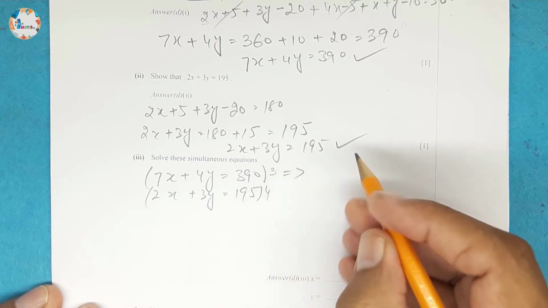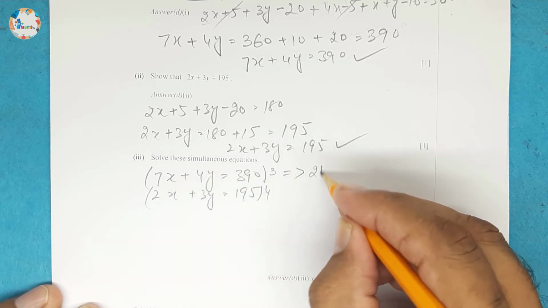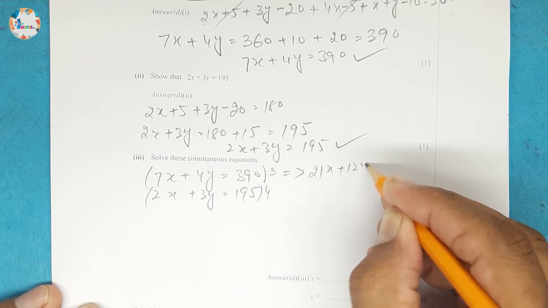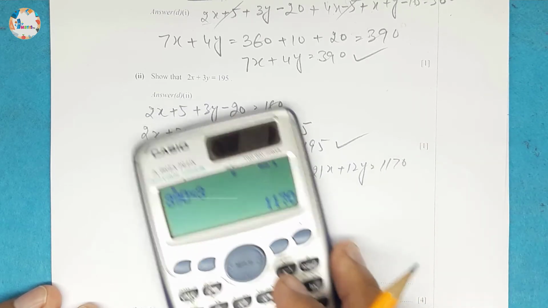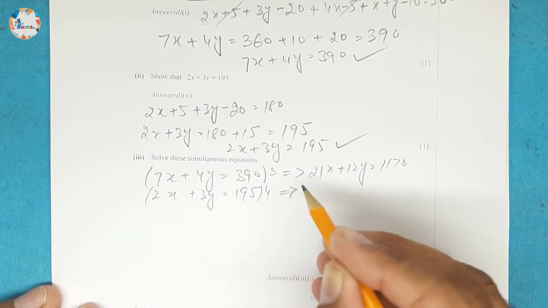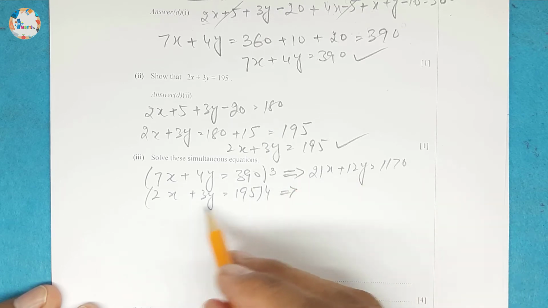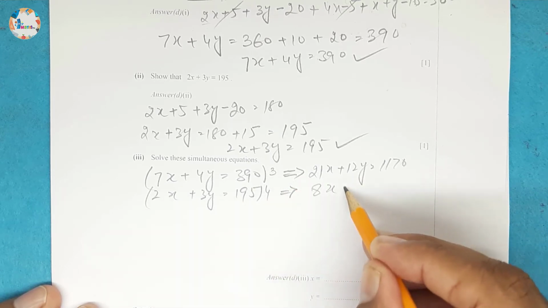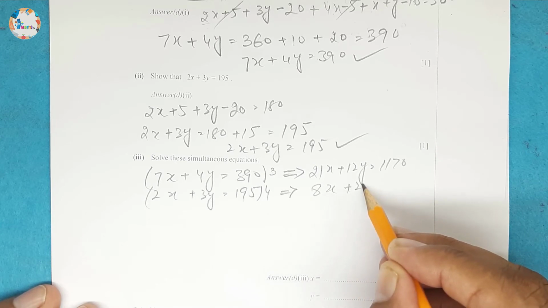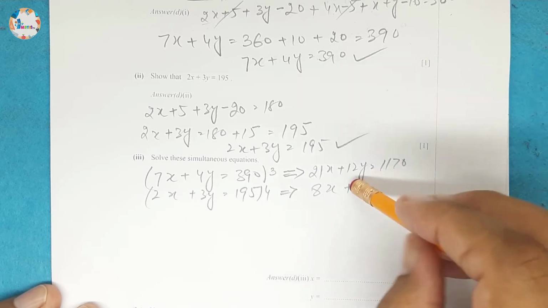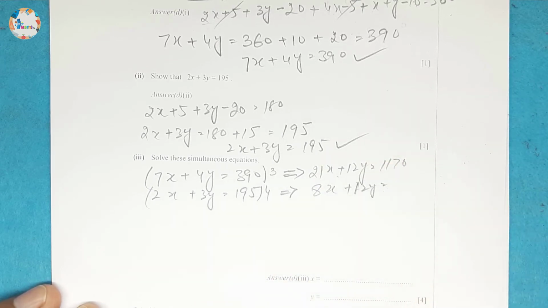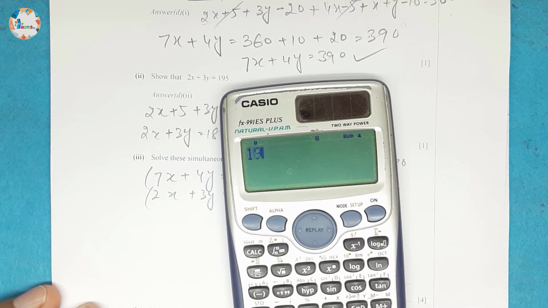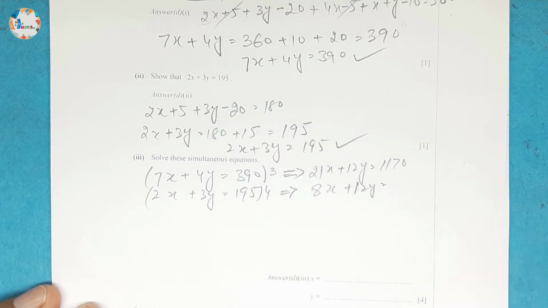This will be 21x plus 12y is equal to 390 multiplied by 3, which is 1170. The second equation multiplied by 4 will be 8x plus 12y is equal to 195 into 4, which is 780.